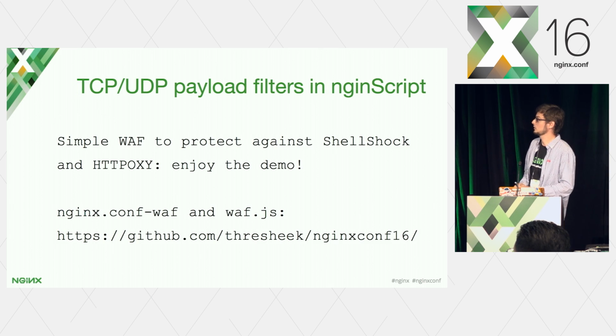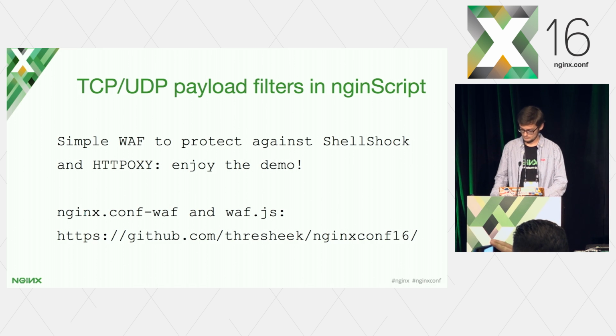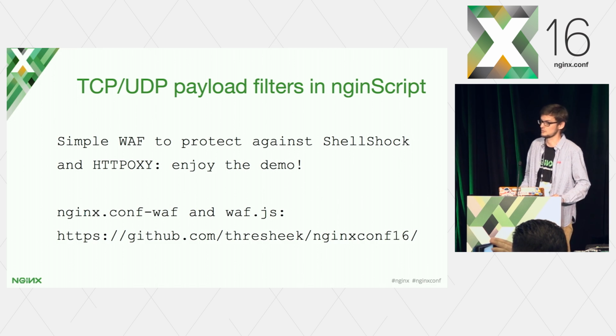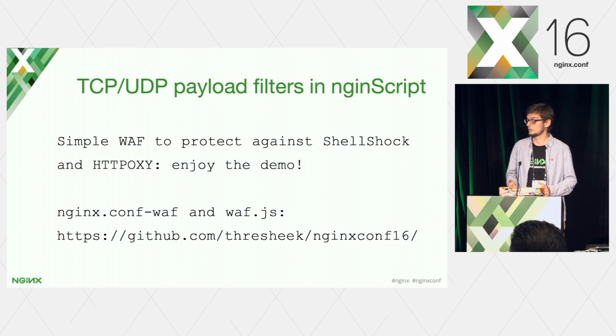Okay, so what I showed on the previous slide was some easy thing to do, and another thing that is going to be pushed to NGINX soon will be filtering the payloads. You'll be able to actually peek into the data that goes through load balancing and make some decisions or change that traffic to something else.